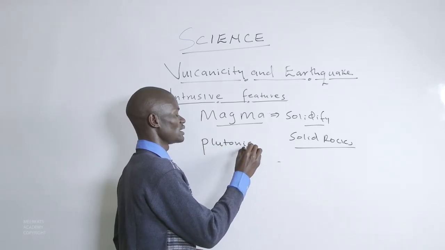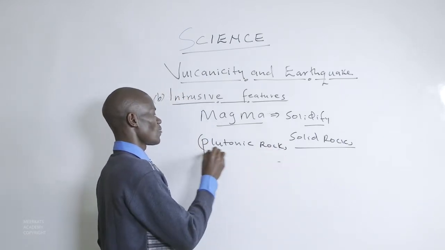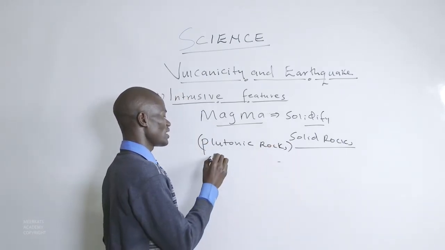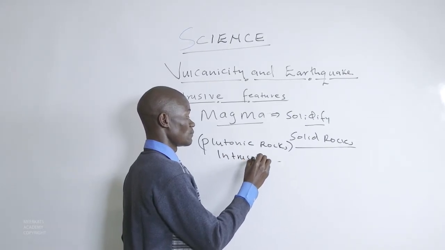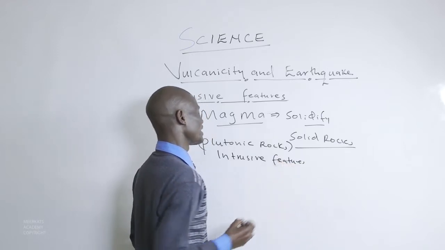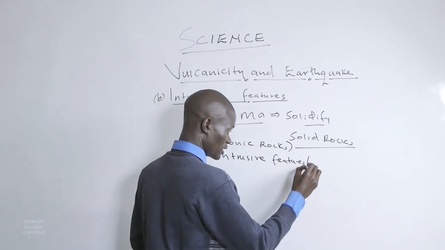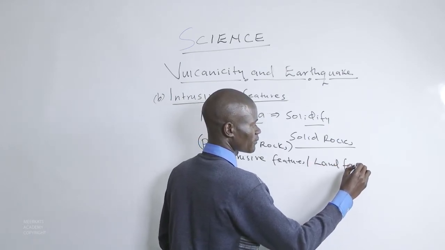We call them the plutonic rocks, which can also be referred to as intrusive features. We can call them intrusive features or intrusive landforms.